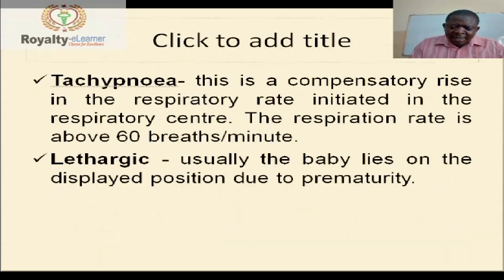Hence a compensatory mechanism of tachypnea develops, initiated from the respiratory center within the higher centers of the brain, with respiration above 60 breaths per minute. The patient may also become lethargic, and usually the baby will lie in a splayed position due to prematurity.